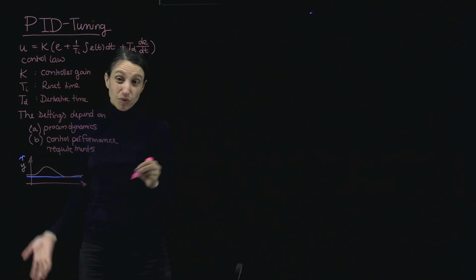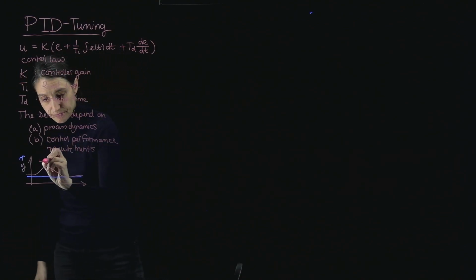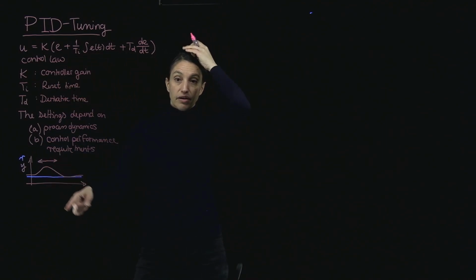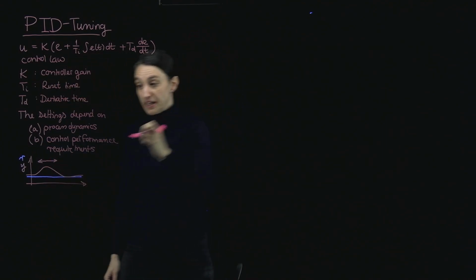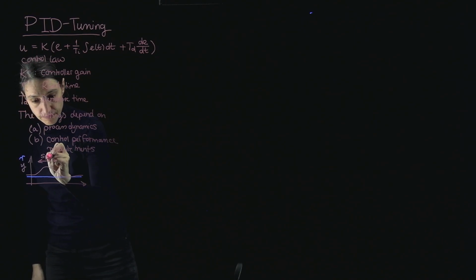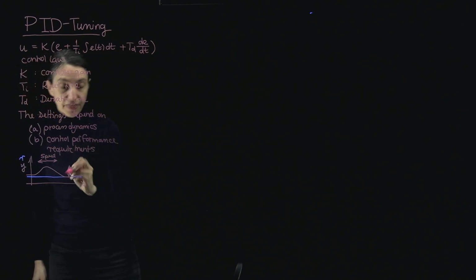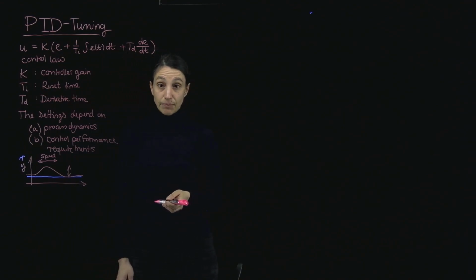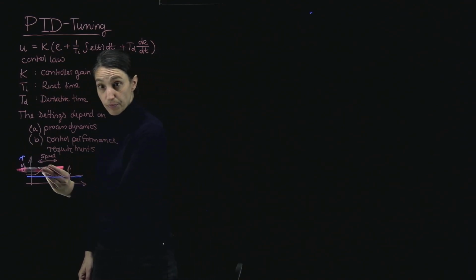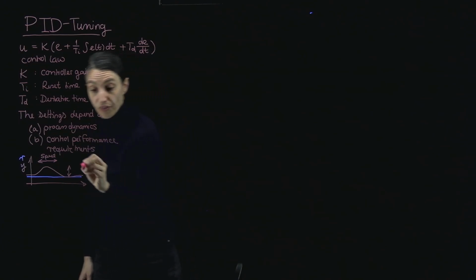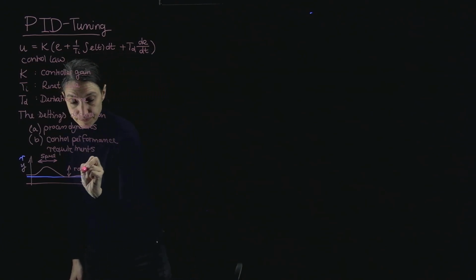And obviously, we would like to see no impact of the disturbance on the process variable y. But when we do, which we will, we call this the speed of response. And we call the change in amplitude of the process variable robustness.